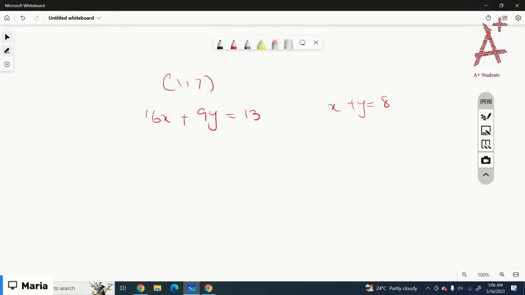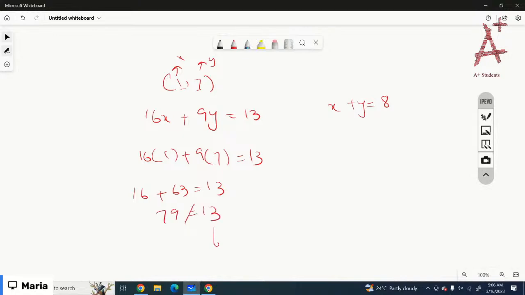So let's plug the point into the equations. X is 1, y is 7. 16 times 1 plus 9 times 7 equals 13. 16 times 1 is 16. 9 times 7 is 63. Just add them, 16 plus 63 is 79. This is not equal to 13. False.